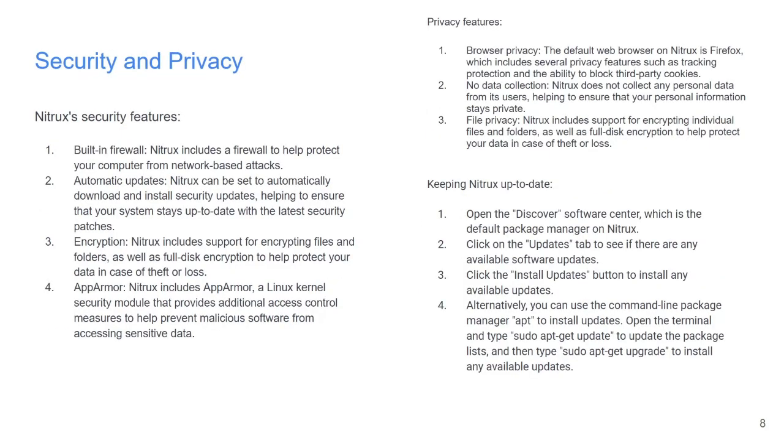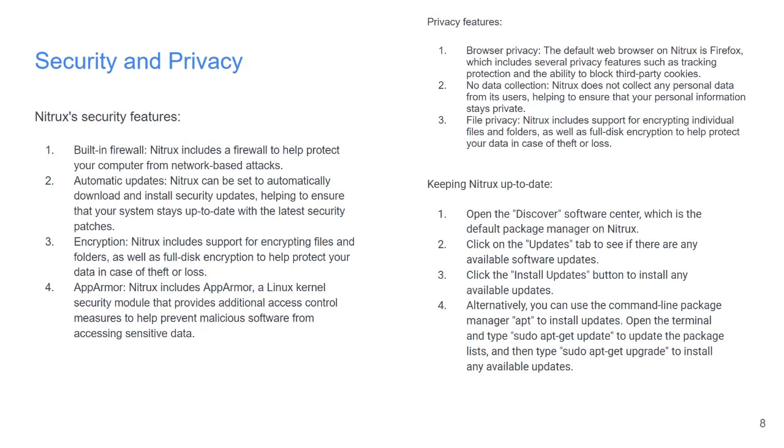So security and privacy. Nitrux is heavy on security. It has a built-in firewall. It has automatic updates. The encryption helps to protect against data loss or theft or anything like that. And there's also an app called AppArmor.